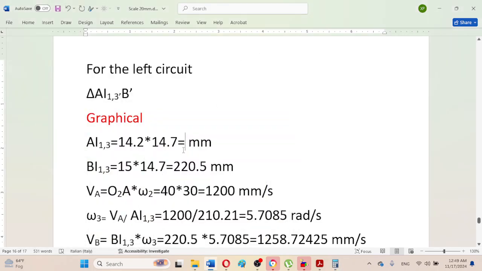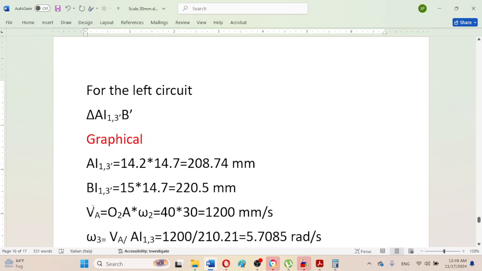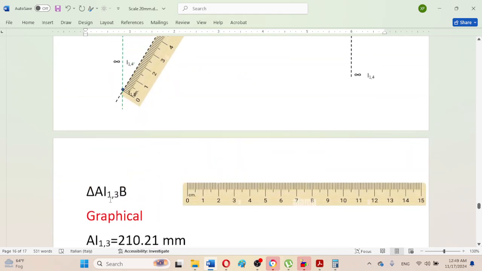These are just the graphical results. In a similar manner, BI13 can also be mentioned here. Just input the dash symbol here again, and this is B dash I13. So just measure it here.